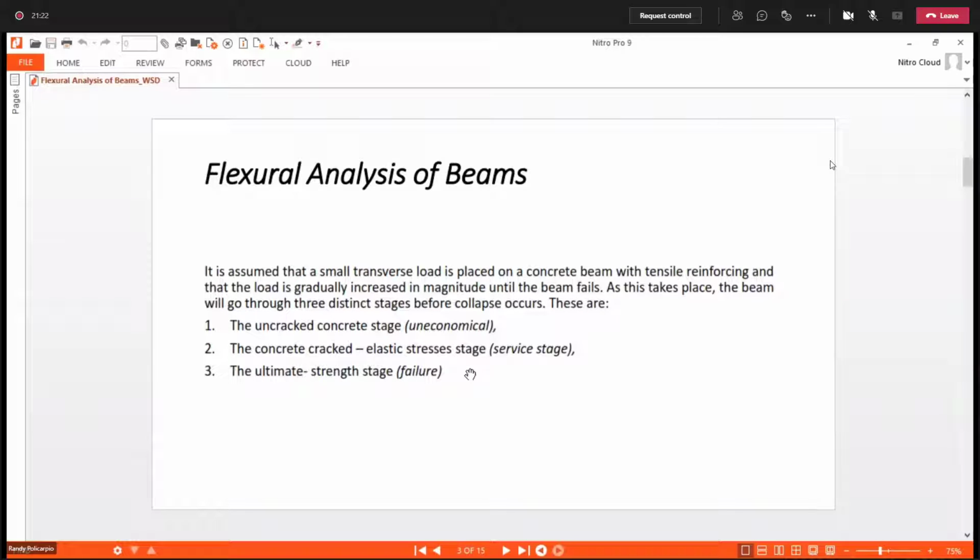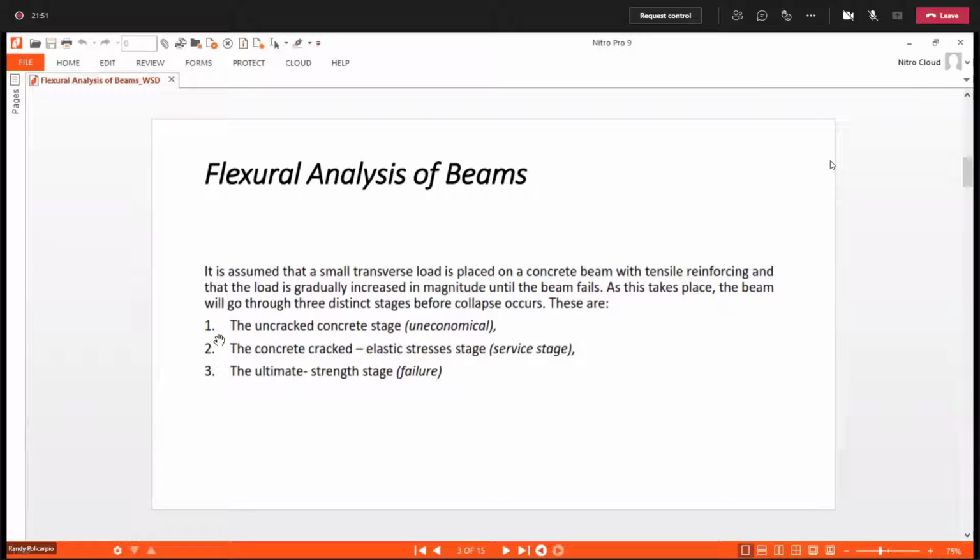The loads are considered as service load, so it is in the service stage. With service load, our loads are unfactored, so you don't add any load and you don't multiply a factor to increase the load. So for stages 1 and 2, the loads are considered as service load.